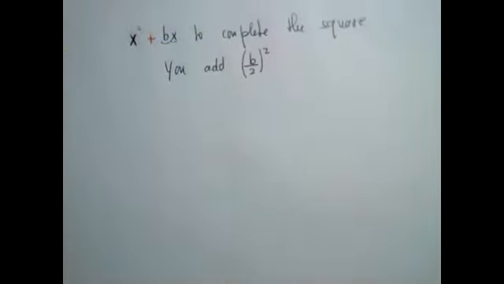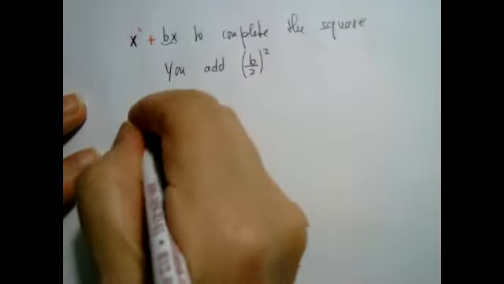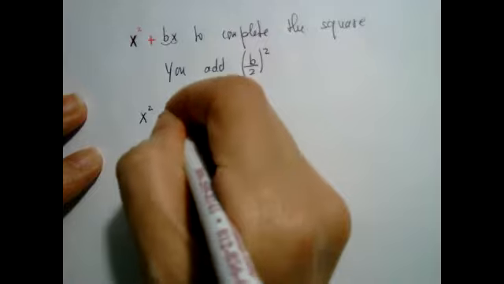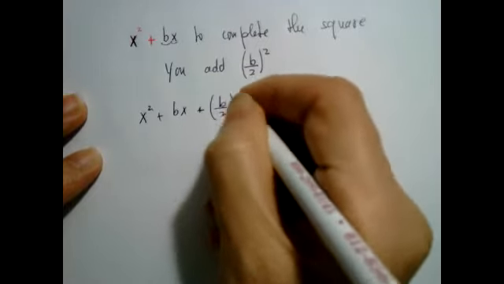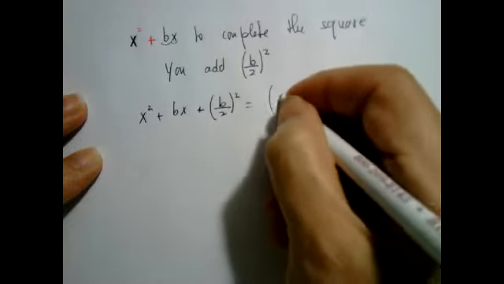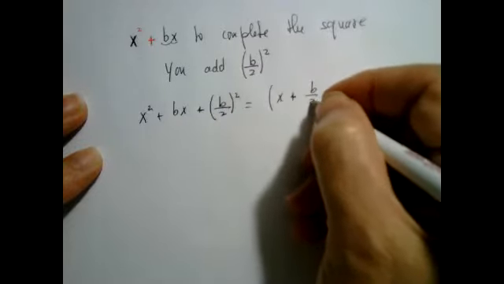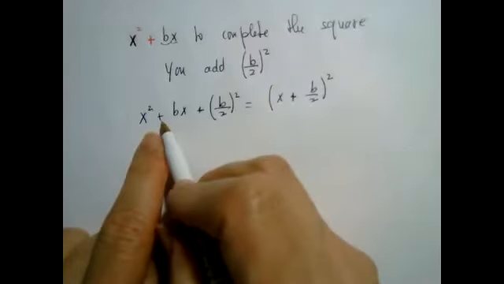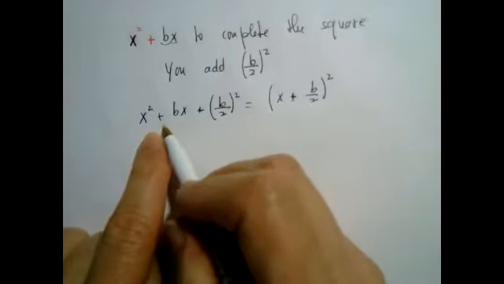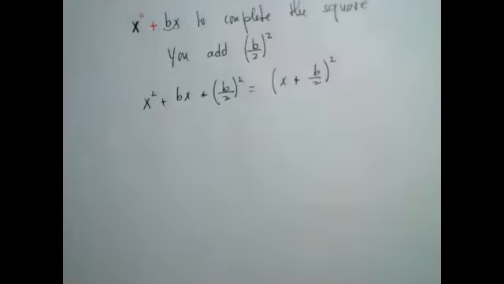That's really what you add. By doing this, when you add it, the expression will become x plus b over 2 squared. It will be a plus if you have a plus in front of x, and a minus if you have a minus.